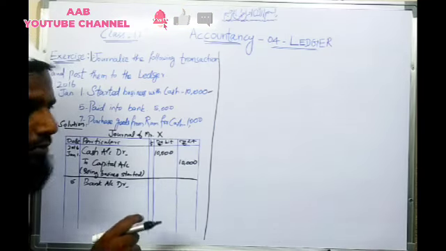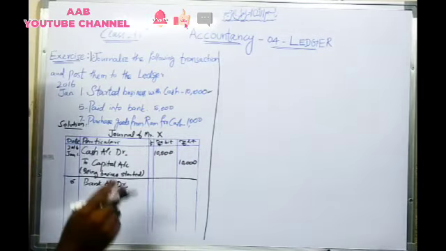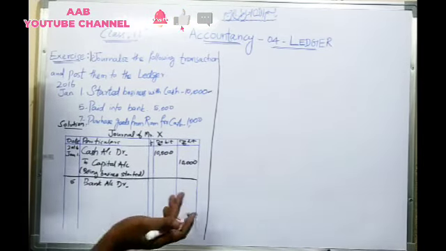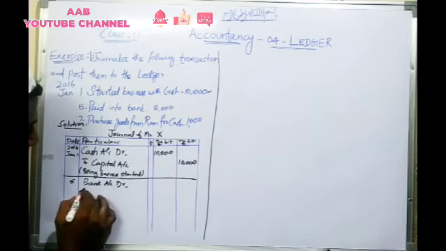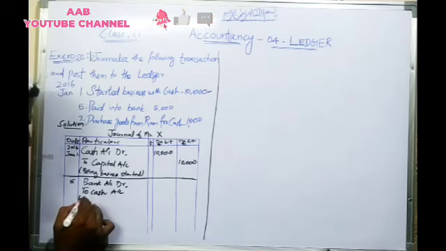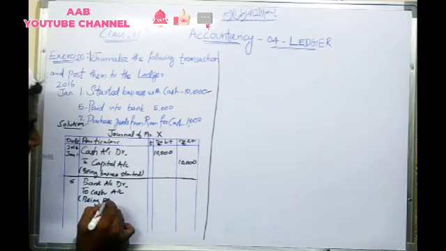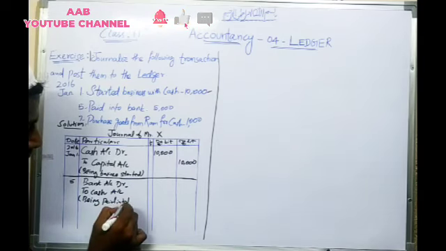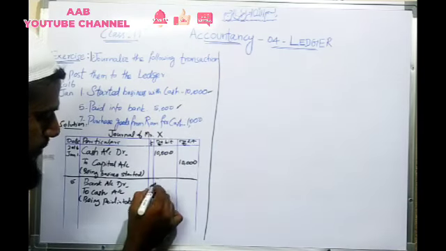Cash is paid into the bank, so cash will go out and bank will come in. So bank account debit to cash account, being paid into bank. How much? 5,000 rupees.